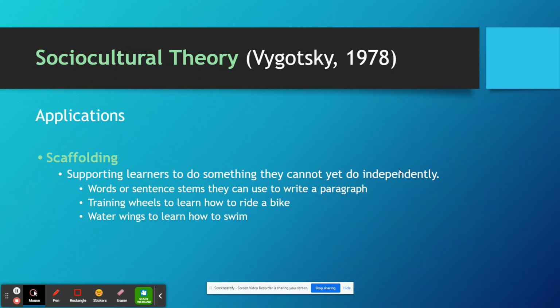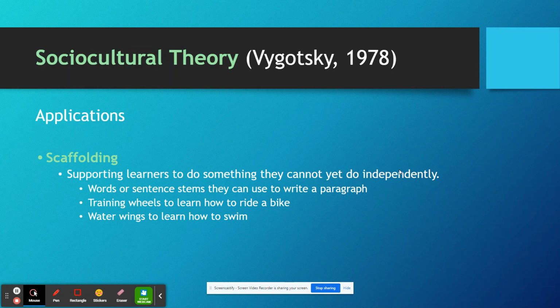One application of Vygotsky's idea for teachers is the process of scaffolding. According to Vygotsky, scaffolding is when one person helps a learner by supporting them to do something that they cannot do independently. An example of scaffolding in a classroom would be providing language learners with a list of words, like a word wall, or sentence stems, something that they could be using.